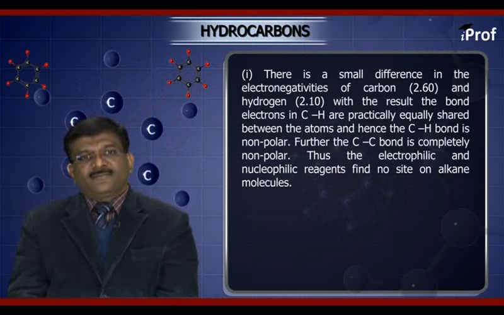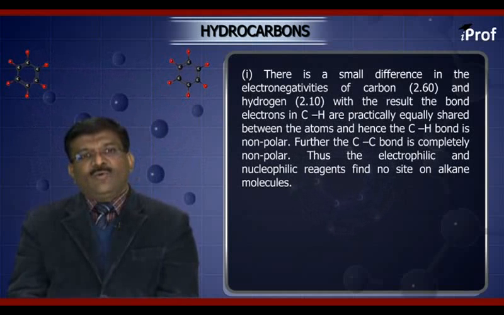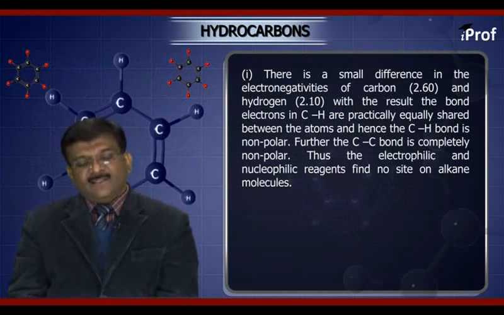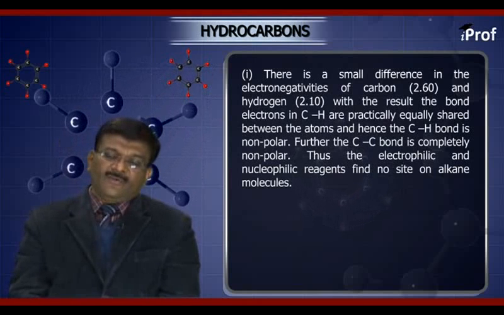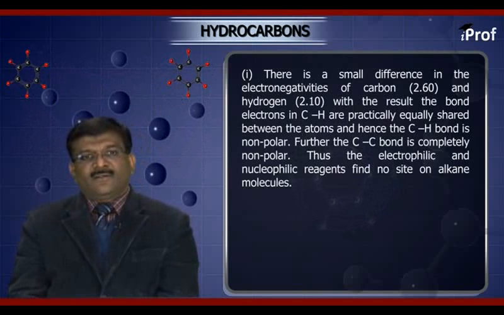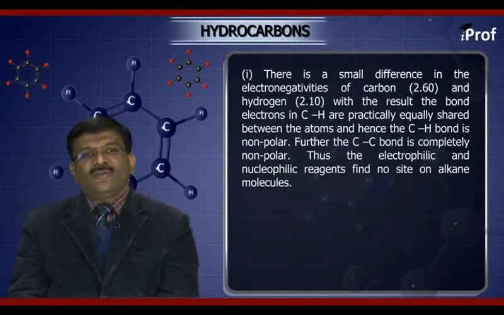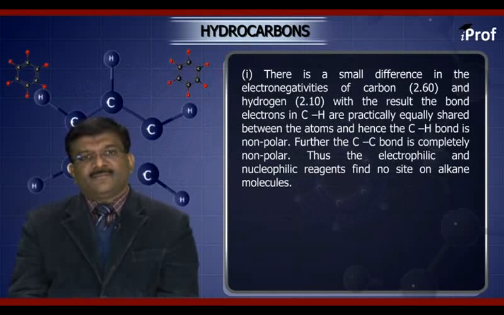With the result, the bond electrons in carbon-hydrogen bonds are practically equally shared between the two atoms, and hence the carbon-hydrogen bond is non-polar. Further, the carbon-carbon bond is completely non-polar, and therefore the electrophilic and nucleophilic reagents find no site on the alkane molecule.